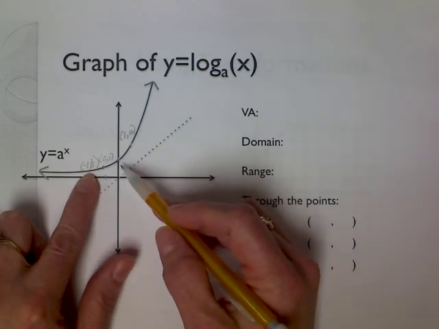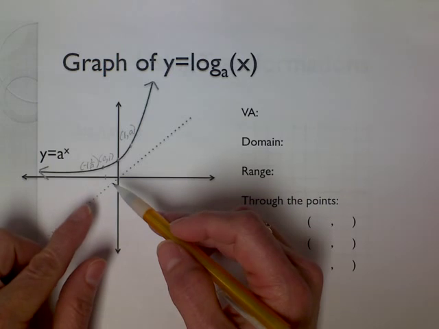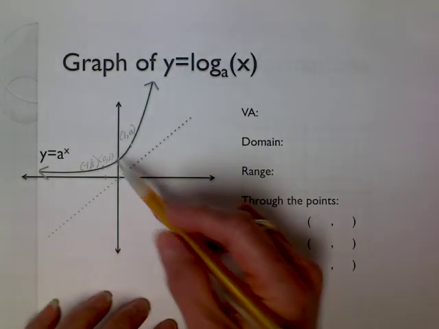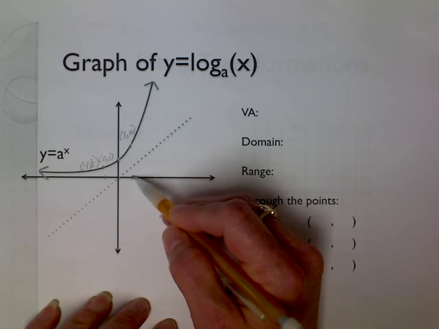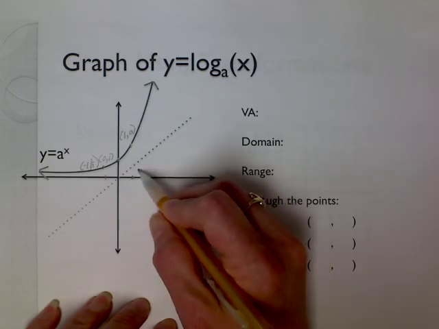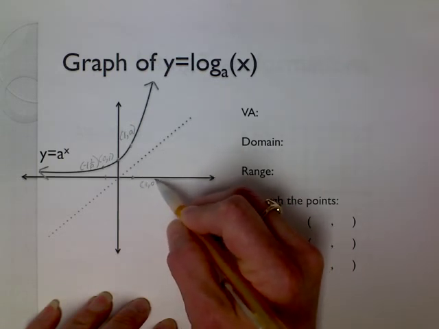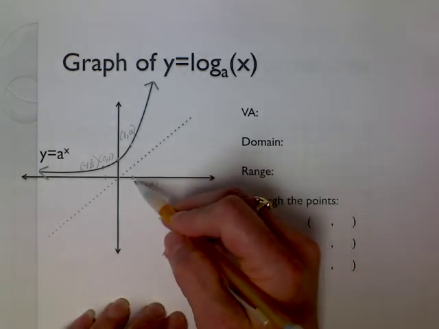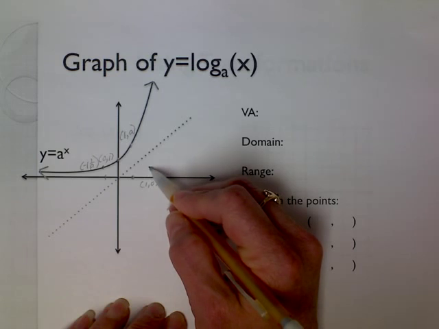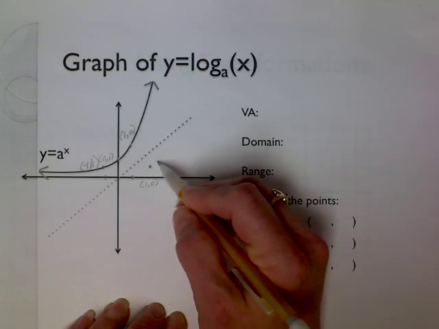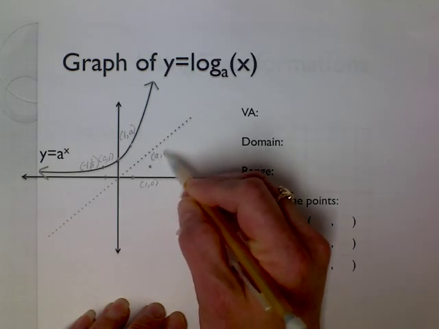So if we're going to graph the log function, then it's going to reverse all of that. We're going to flip this over this line. So instead of (0, 1), we're going to go to (1, 0). And then instead of (1, a), we're going to go out here to (a, 1). Just choosing an arbitrary a here.